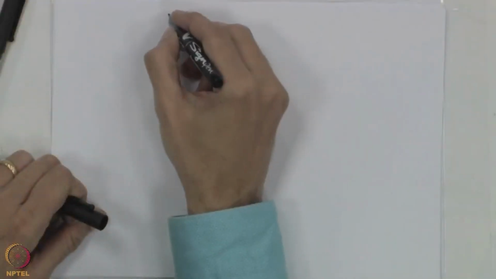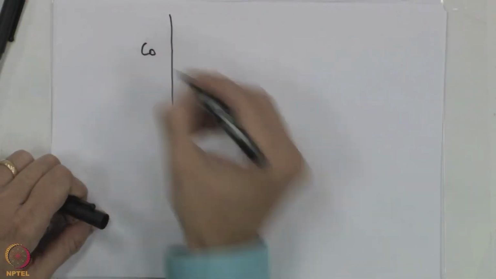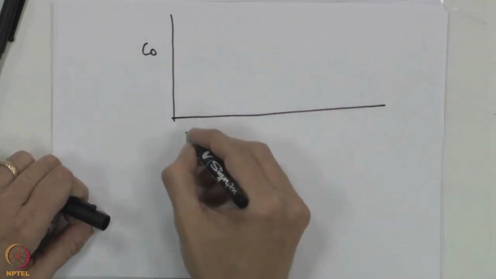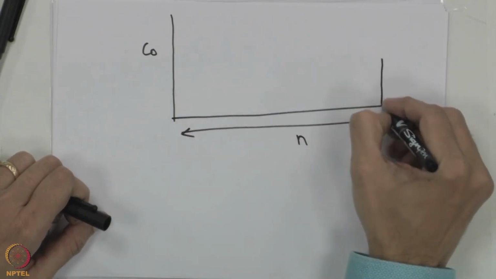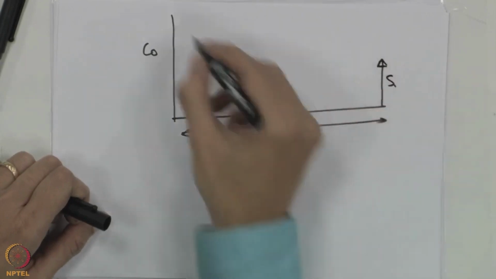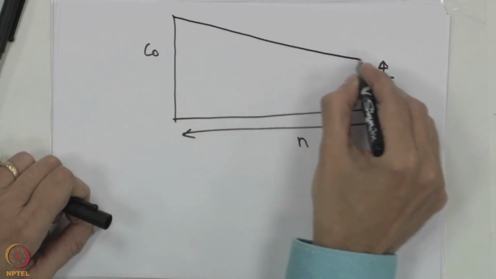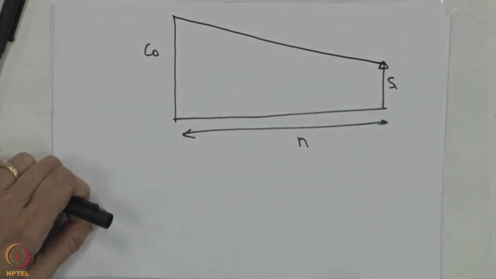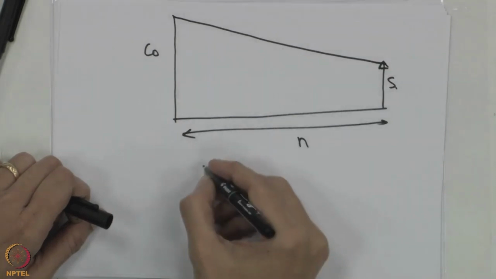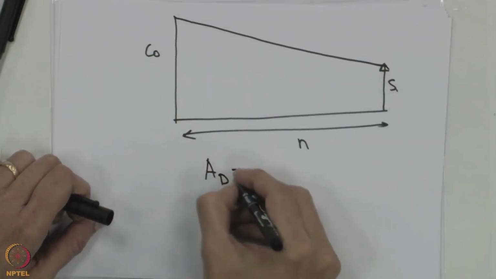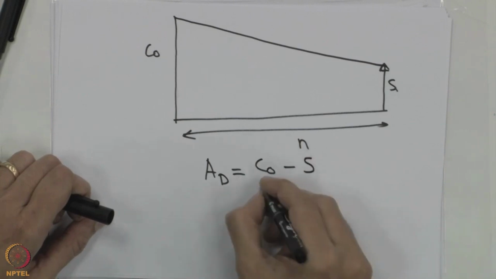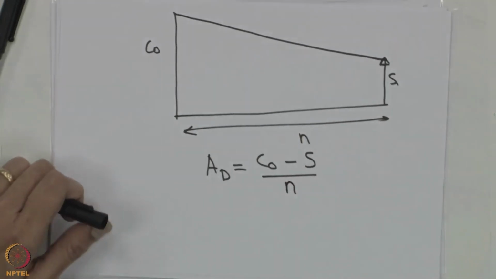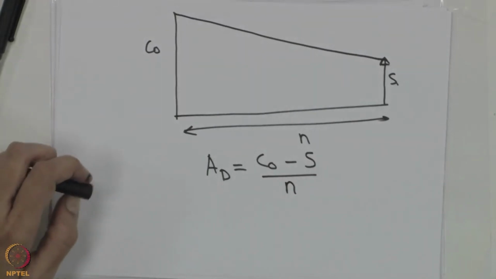We say that if you have the cost C0, and at the end of its life you have a salvage value S, the book value of this asset is adjusted so that every year we reduce it by a straight line depreciation, which is C0 minus S, divided by N, where S is the salvage value at the end of the life.